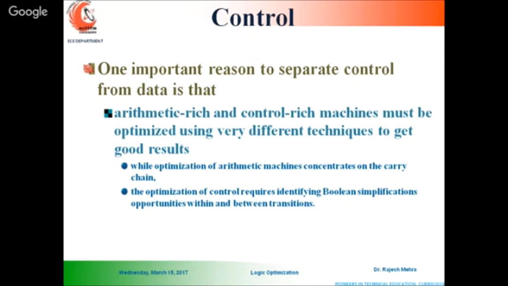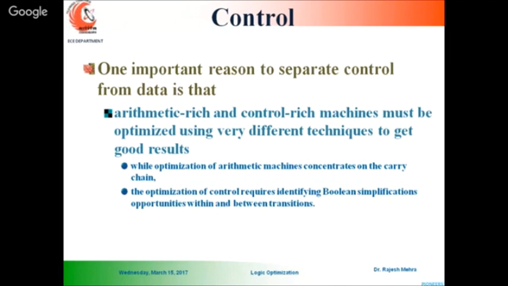One important reason to separate control from data is, as I told you, arithmetic-rich and control-rich machines must be optimized using very different techniques to get good results. That is why these two processors are different. Microcontroller is different and your DSP is different. While optimizing arithmetic machines, we concentrate on what?